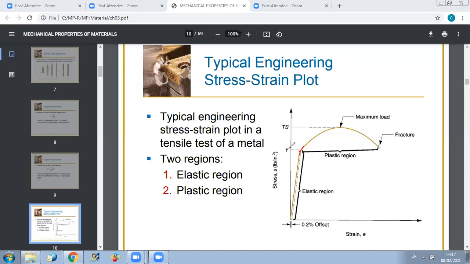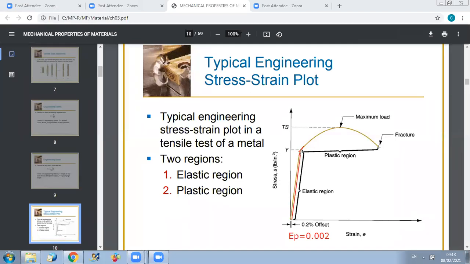The offset method consists of the following. I consider an elongation epsilon equal to 0.2%, which means epsilon is 0.002. I put it on the graph, I put the point as you can see here, and I draw a line that is parallel to the linear portion, like this.